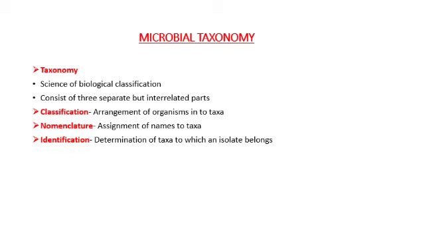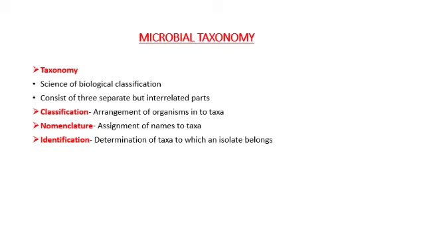Because of the wide biodiversity of living organisms, it is very desirable to classify and arrange them into groups based on their similarities. This is done by taxonomy. Taxonomy is biological classification, consisting of three separate but interrelated parts: first, classification; second, nomenclature; and third, identification.